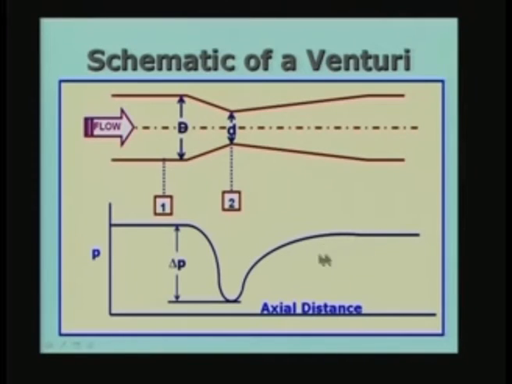Essentially any variable area device will have a pressure variation like this. To some extent pressure recovery will take place, but the pressure will always be lower than the pressure upstream of the flow measuring device, because of the so-called irrecoverable pressure loss.